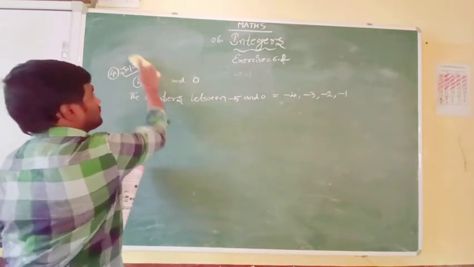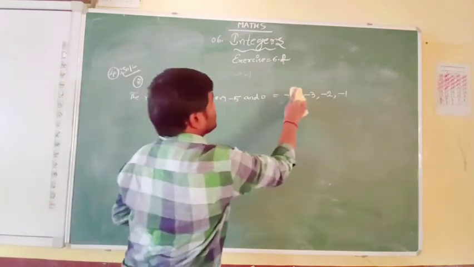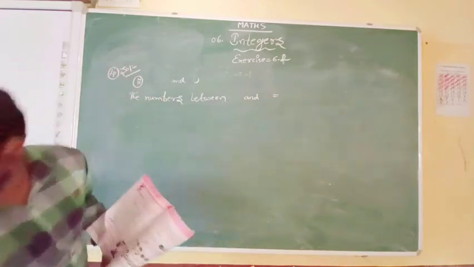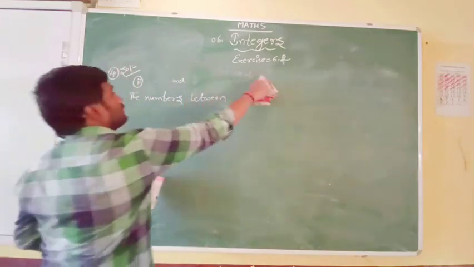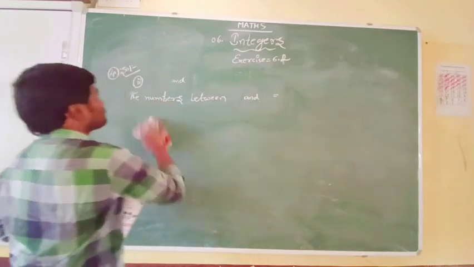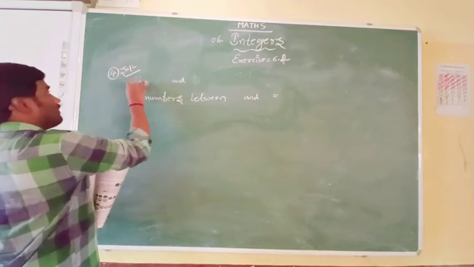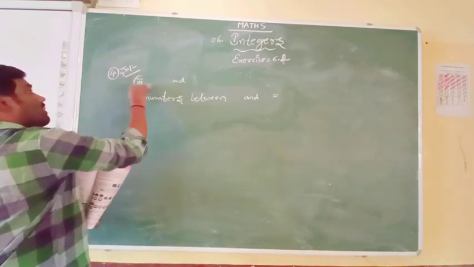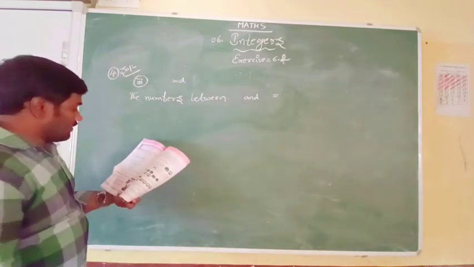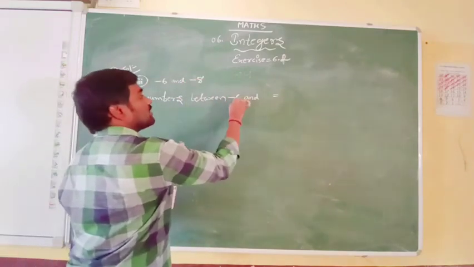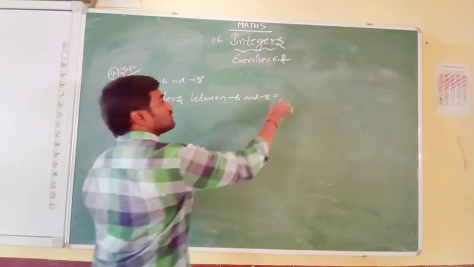Next, now we go for the third one. Minus 6, minus 8. Between minus 6 and minus 8, how many numbers are there?